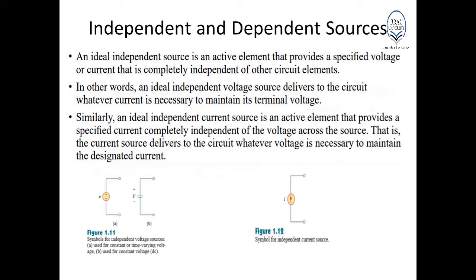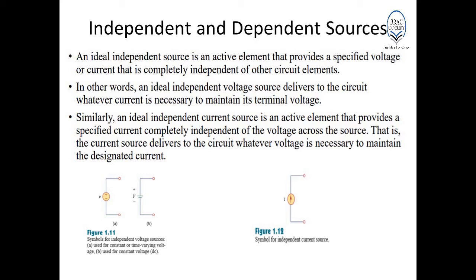We know that all sources, whether it's a voltage source or a current source, are active elements. Voltage sources can be of two types: independent source or dependent source. Similarly, current source can be classified into two types: independent and dependent.